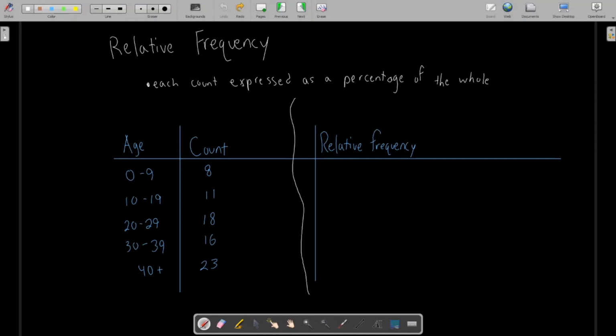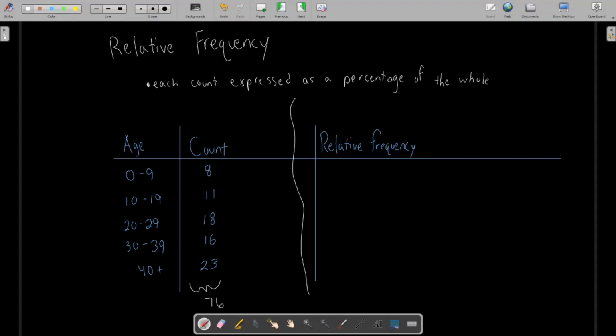And so we can do this pretty simply. The first thing we want to do is take our 5 numbers here for the count and add them all up so we have our total count to get the whole within the part over the whole. If we add those 5 numbers up, we should get 76. All of our relative frequencies, we're going to calculate using the number 76, the total amount.